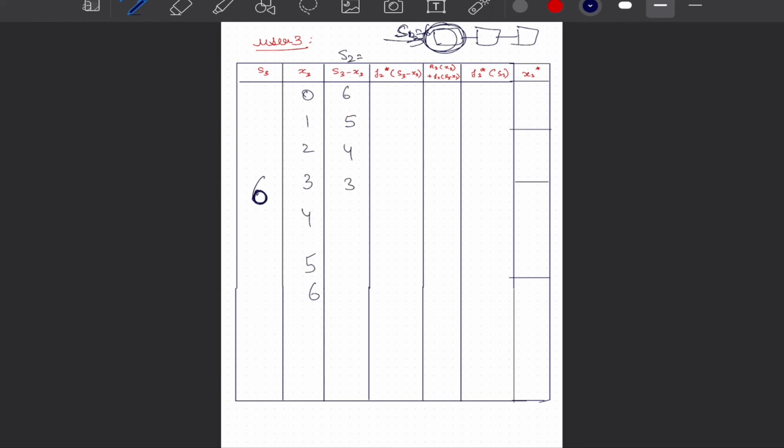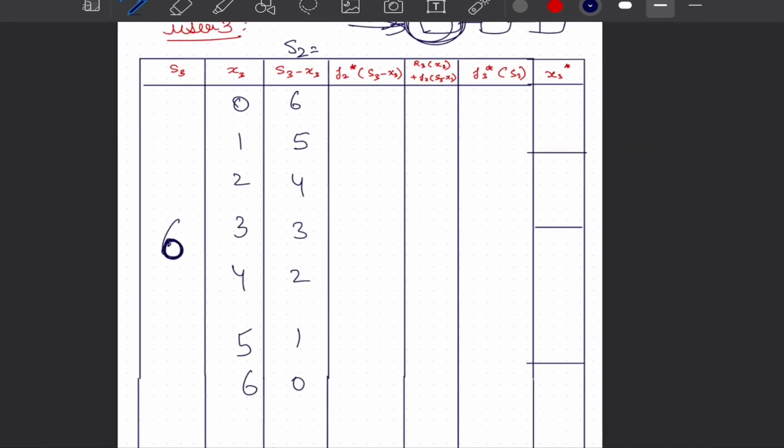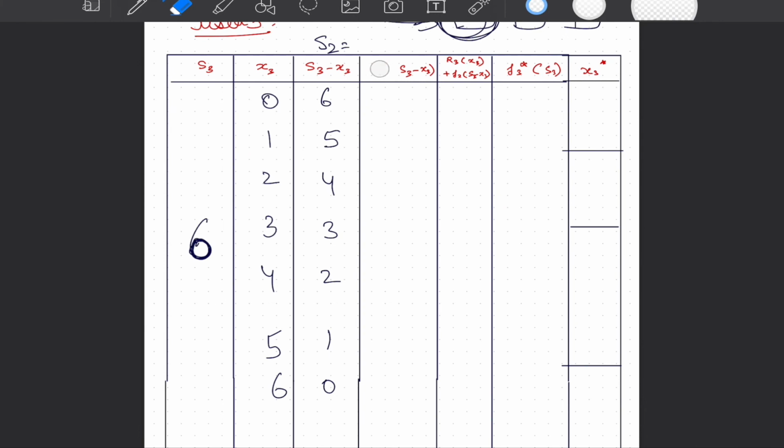So the system can only take one state, which is equal to 6, and allocation could be 0, 1, 2, 3, 4, 5, 6. If we allocate 0 here, whatever is available to the next user is going to be state of S2. So this would be 6, 5, 4, 3, 2, 1, 0.